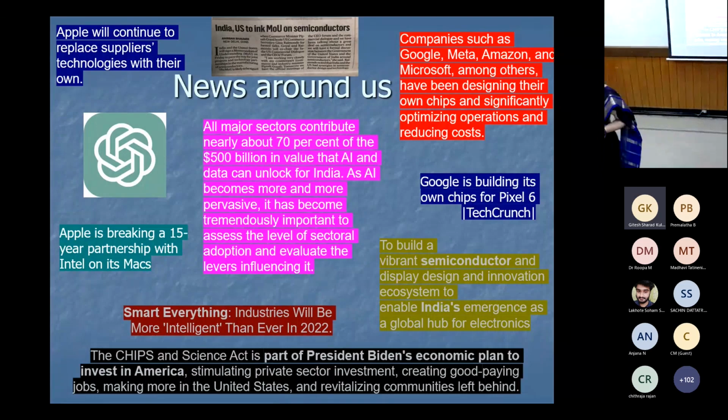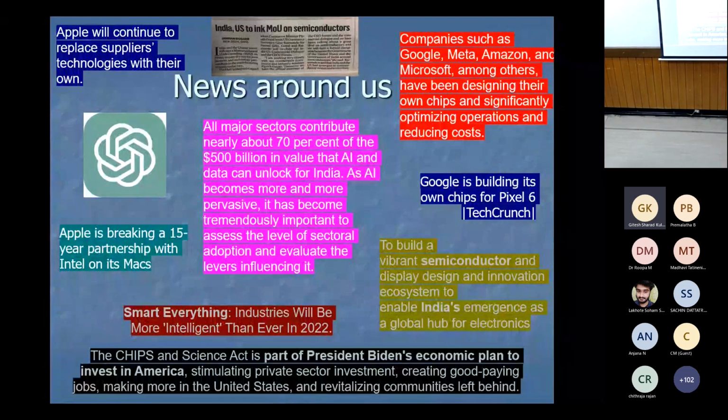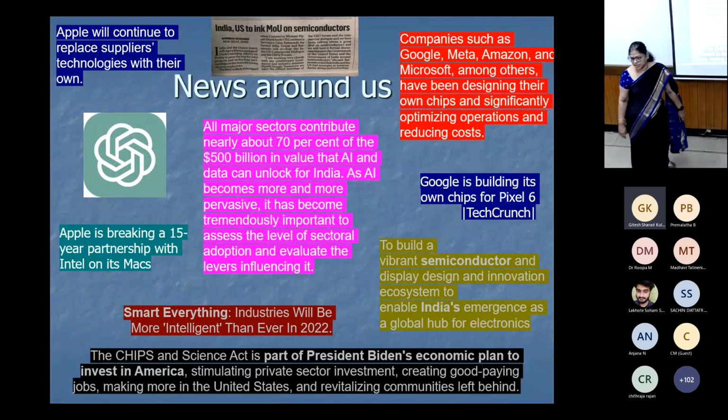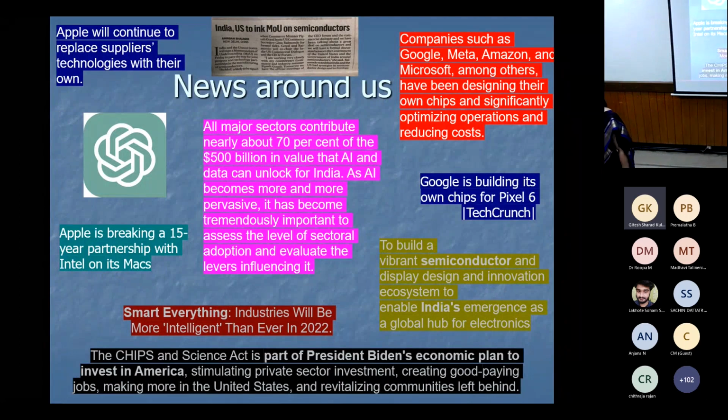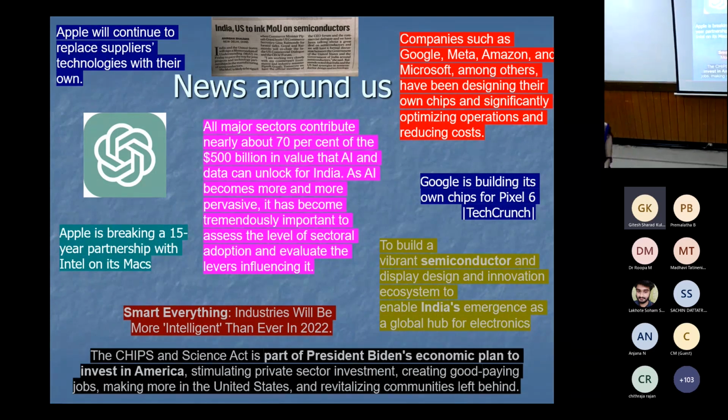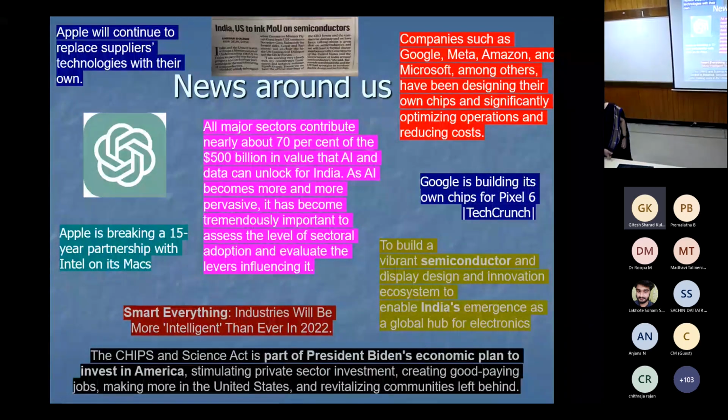From the government angle also, it is pushing in a great way. And the Chips and Science Act in the US was signed. So that also is really a game changer. That's what we believe, right? And this is what we hear around us. And India and the US just signed an MOU yesterday, right, for our semiconductor solutions.